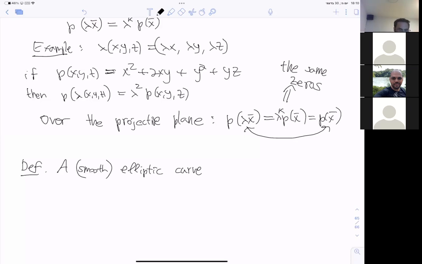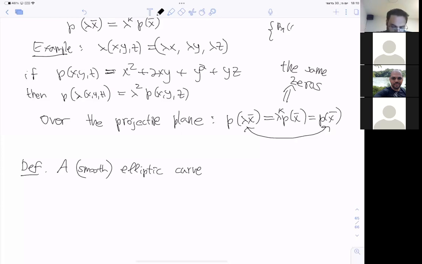Sorry? The same zeros, what do you mean exactly? I mean, how do you define a variety? If it's an algebraic variety, it's defined as a zero space of some polynomials.